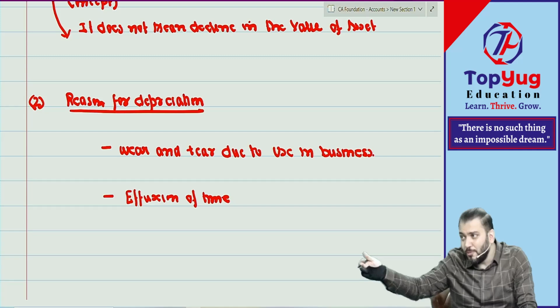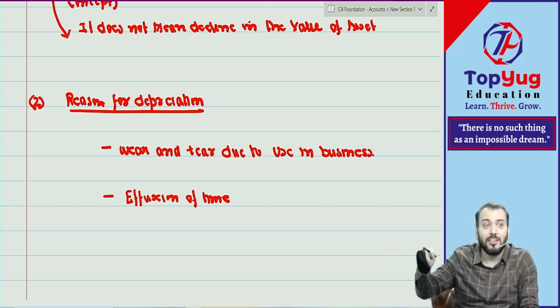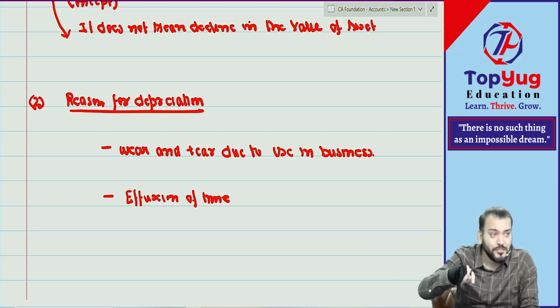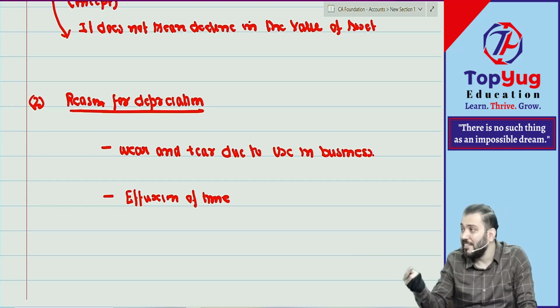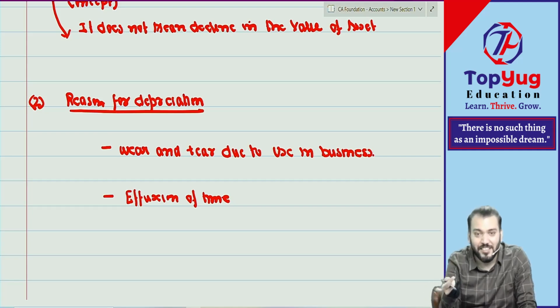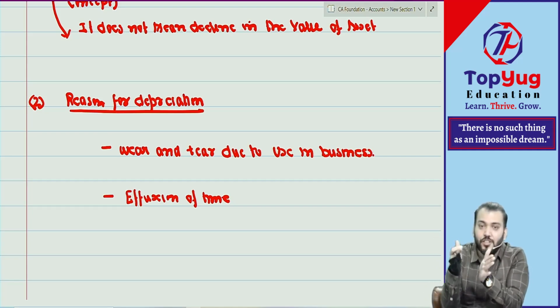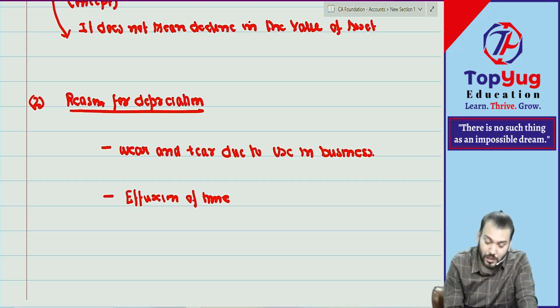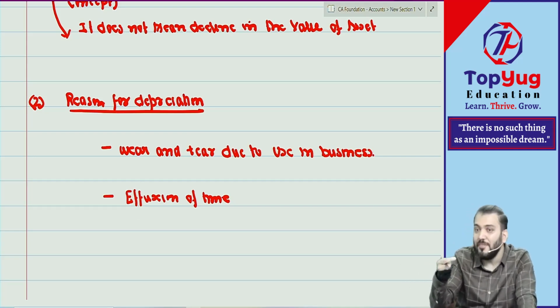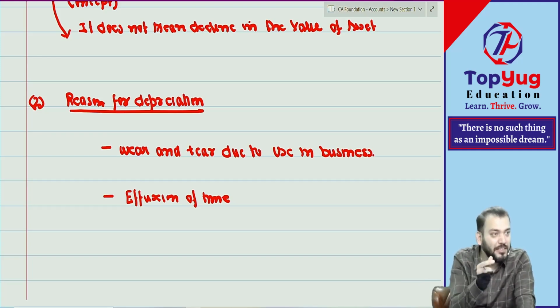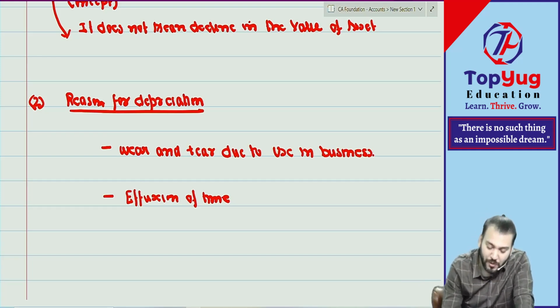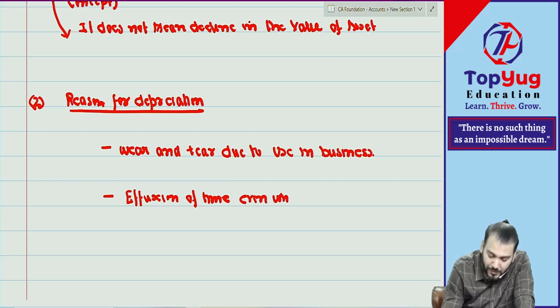Can you say your useful life will decrease, because you cannot derive income from the CA degree as you passed late? When your useful life is decreasing, your benefit will decrease. So even though you are not using it, its useful life decreases, because the useful life remains the same whether you are using the asset or not. So effluxion of time applies even when the asset is not used.